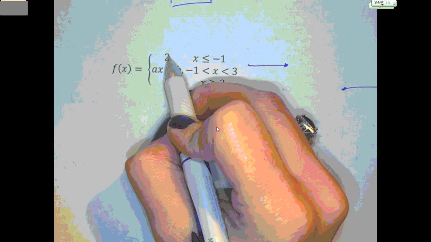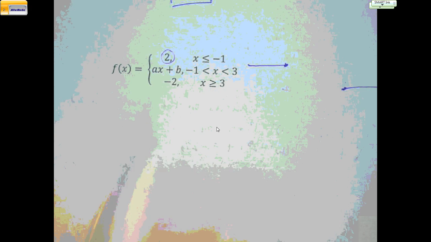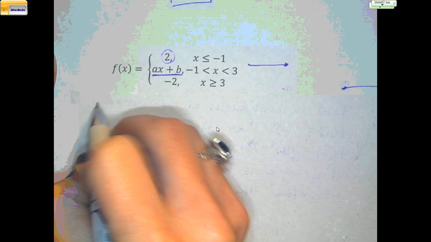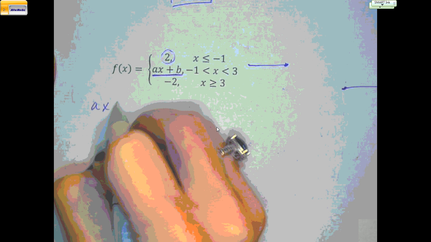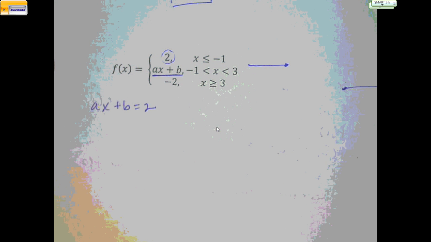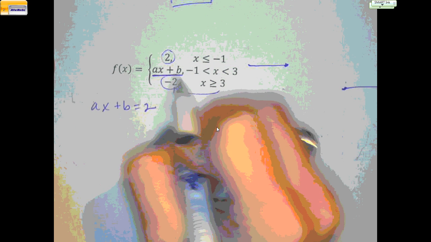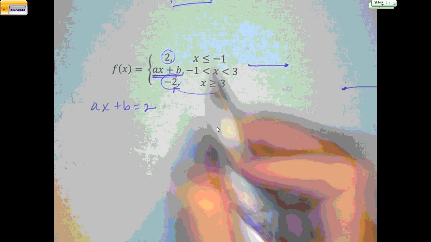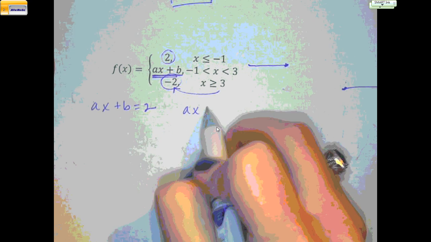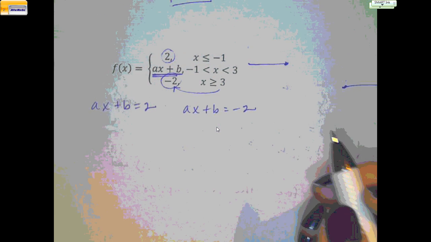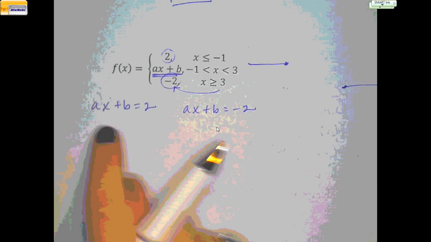At negative 1, I know that that's going to be 2. So I need this guy right here to equal 2. So AX plus B equals 2. If I plug in 3 into this guy, I'm going to get a negative 2. So I also need AX plus B to equal negative 2. Problem is I still have 3 variables on each end here.